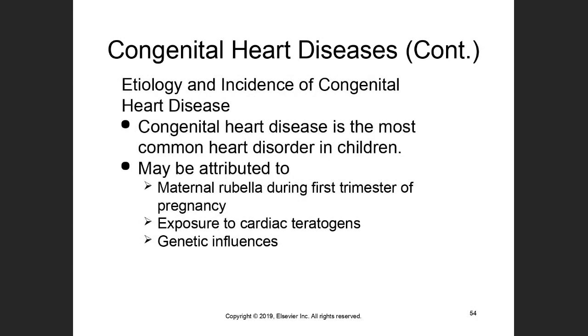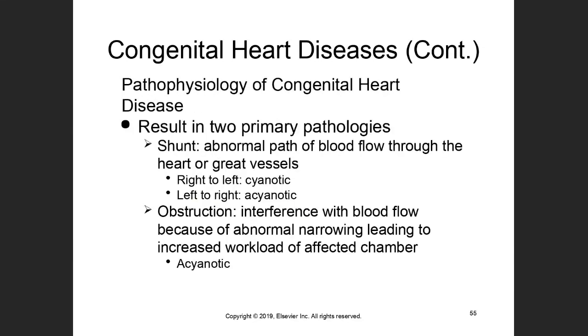The etiology of congenital heart disease may be attributed to maternal rubella. Rubella can produce problems in the heart. Let me see. The physiology of congenital heart disease resolves into primary pathology.